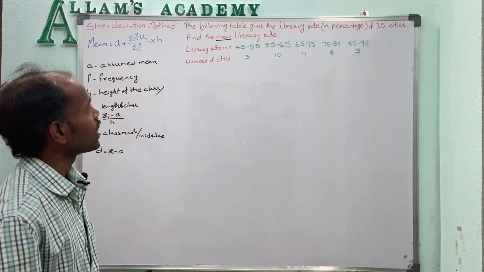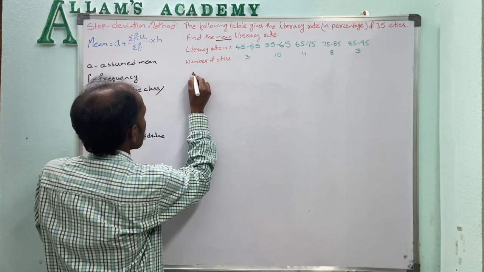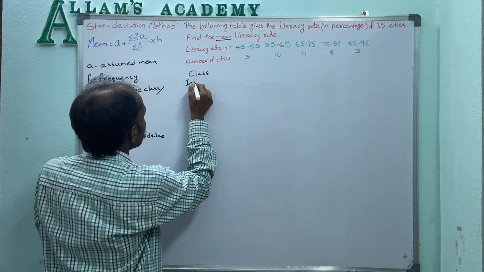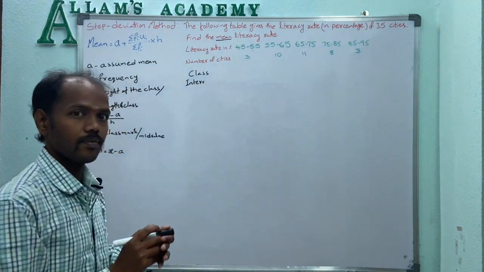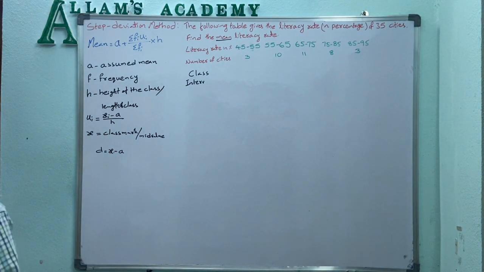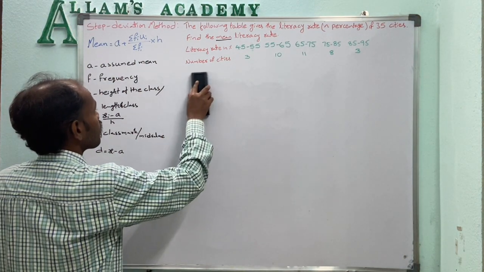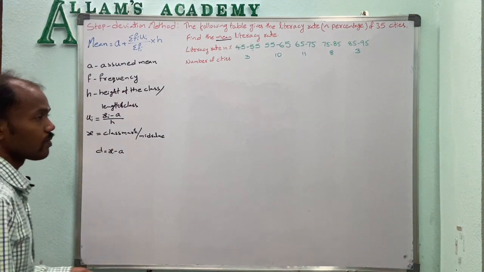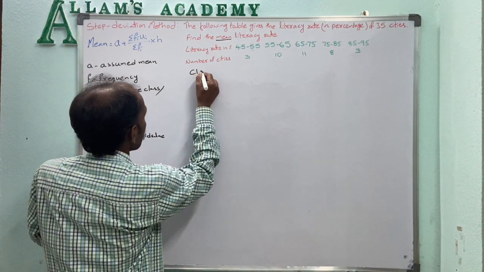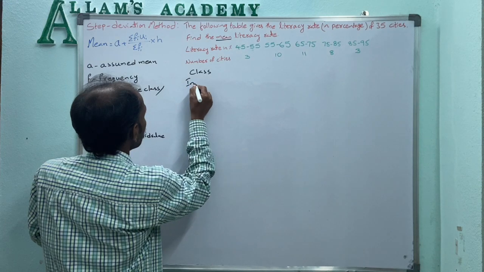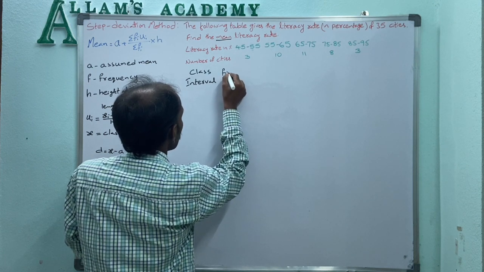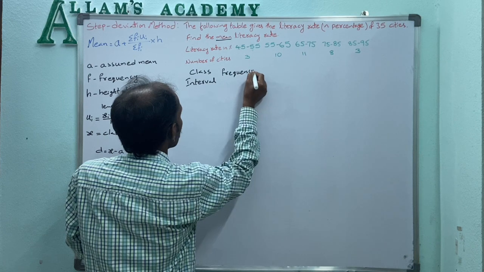So first, the given literacy rate is taken as class interval, and number of cities is taken as frequency.